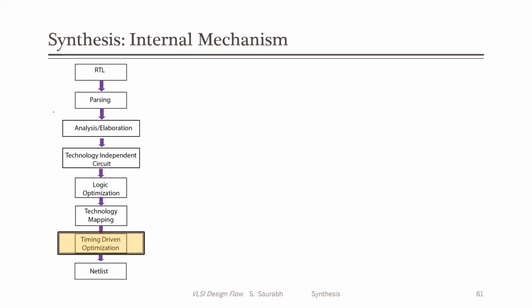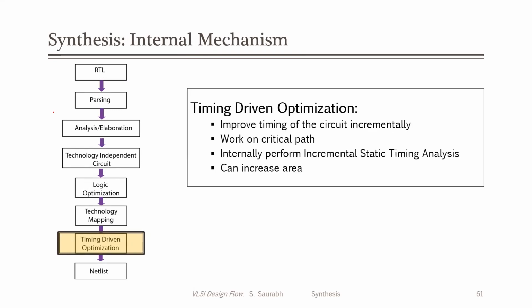After you have done the technology mapping, you can compute the exact timing of your circuit, meaning your delay, the slack, and other things. Based on that, you can do timing optimization of the critical path. The last step is the improvement of timing on the critical path, and internally it performs a static timing analysis.